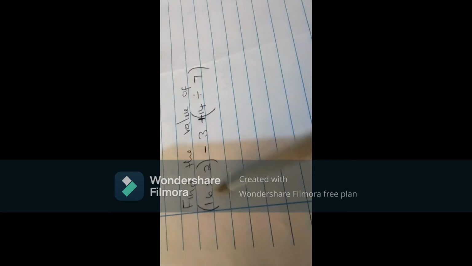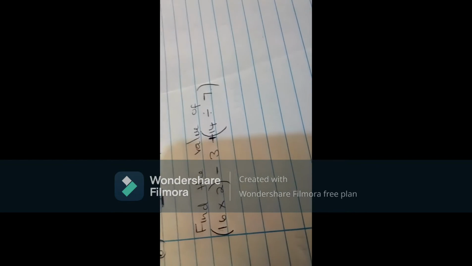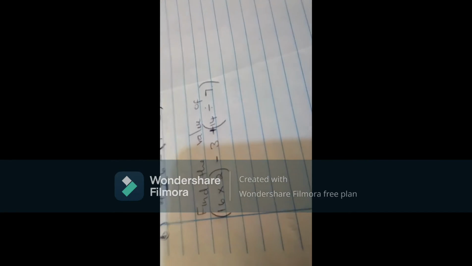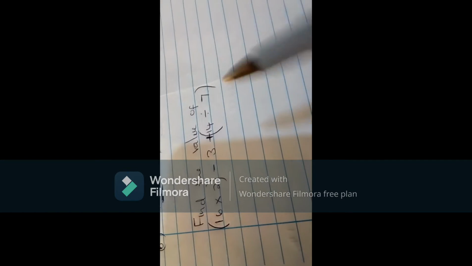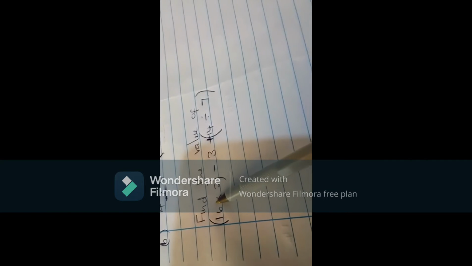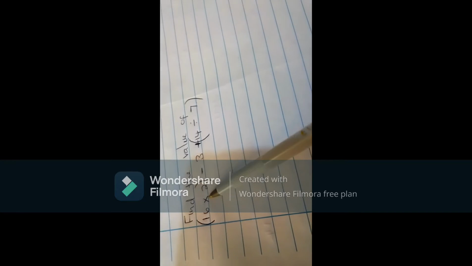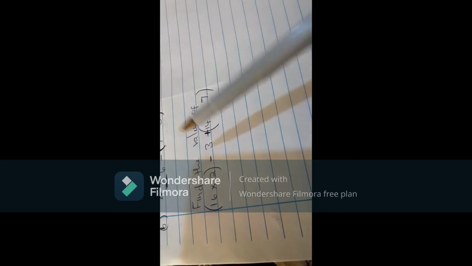Okay guys, when you are given a sum without brackets, you cannot put brackets anywhere. Like if this sign was subtraction and you just decide from nowhere to put 16 minus 2, no, that's not what I'm saying.